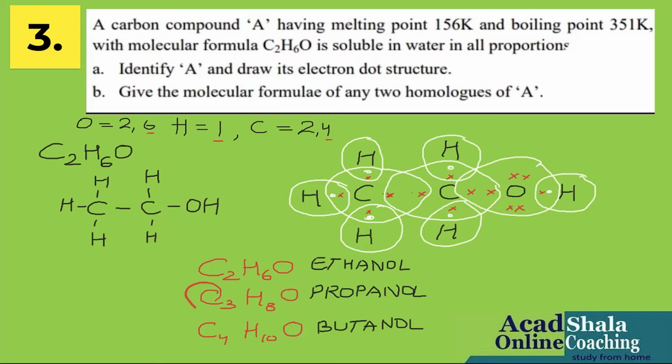Then after this, C4H10O. So that means ethanol, propanol, butanol. So all these 3 are homologues. That means 2 more homologues of A I have written over here, that is propanol and butanol.